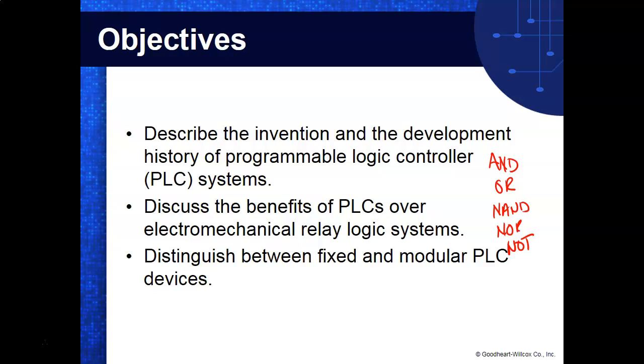Once we can do this logic, then we can set up systems that go into automation. So we'll look at these in detail, on how we can take devices and do ANDs, ORs, NANDs, NORs, and NOTs. If you take motor controls, you'll literally wire these up: AND logic, OR logic, NAND, and NOR, and we'll look at those.